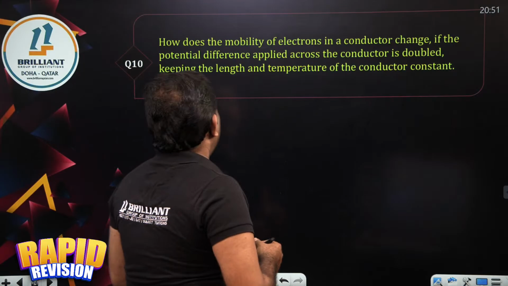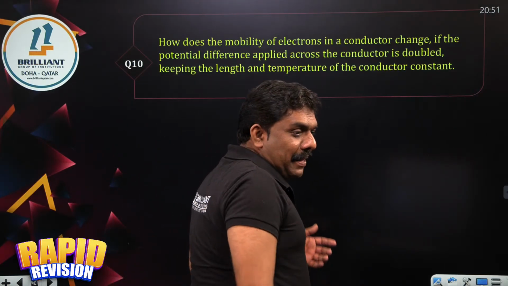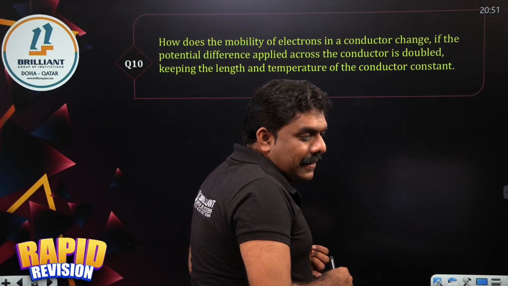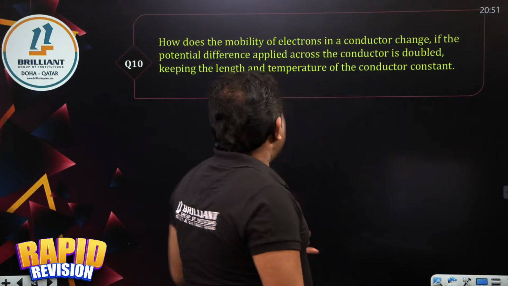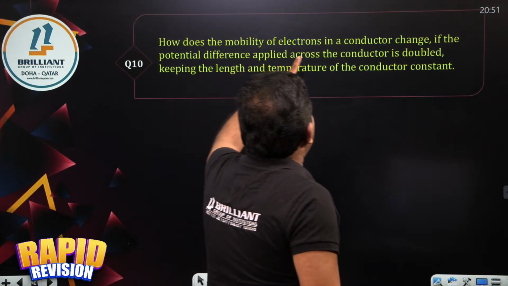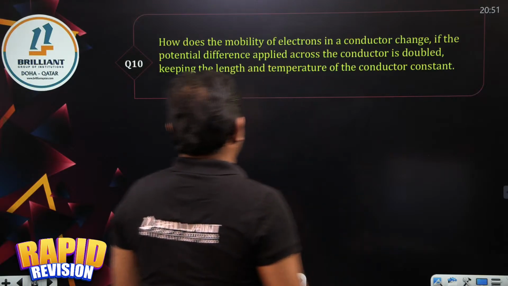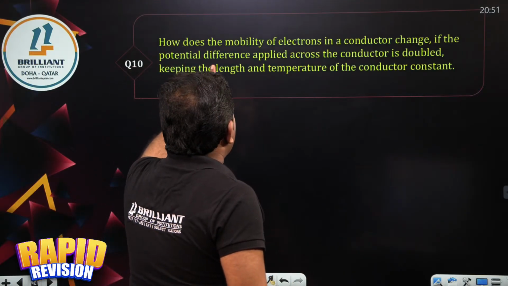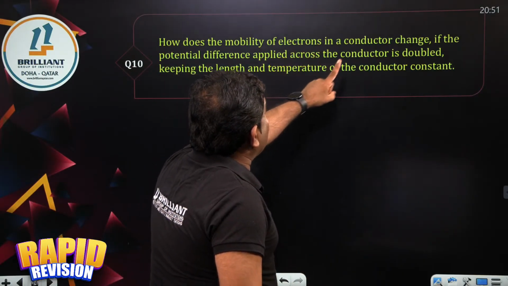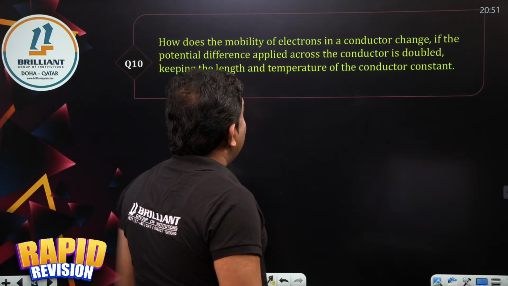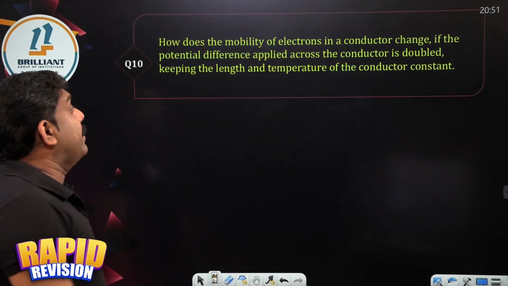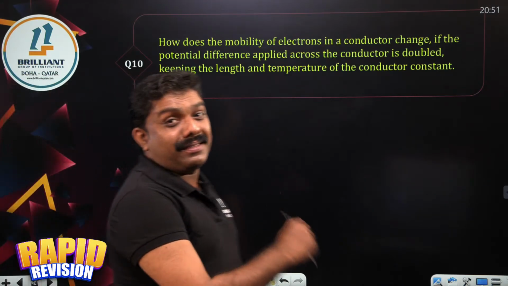Now here, what is the question? How does the mobility of electrons in a conductor change if the potential difference applied across the conductor is doubled, keeping the length and temperature of the conductor constant?